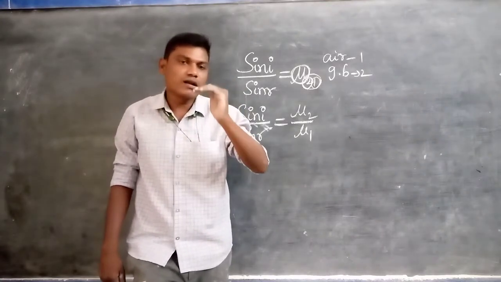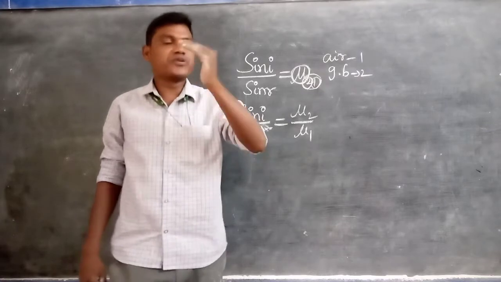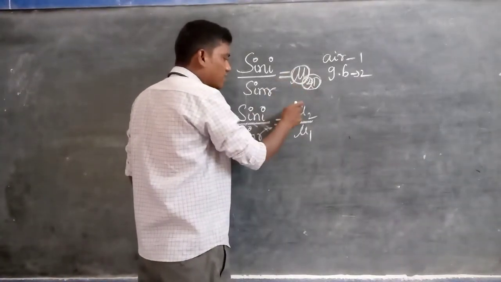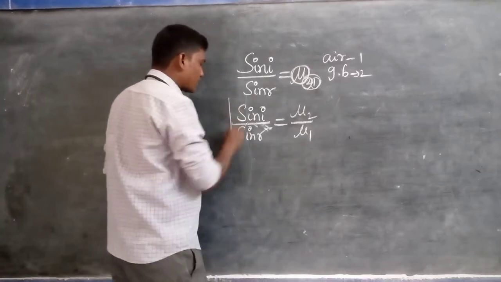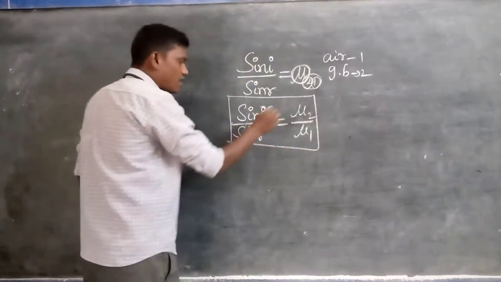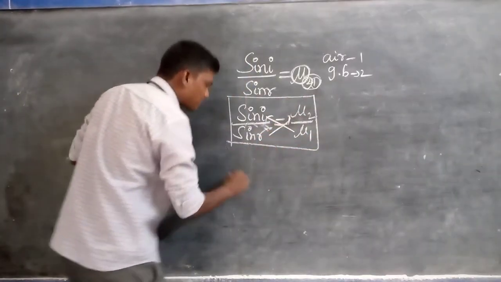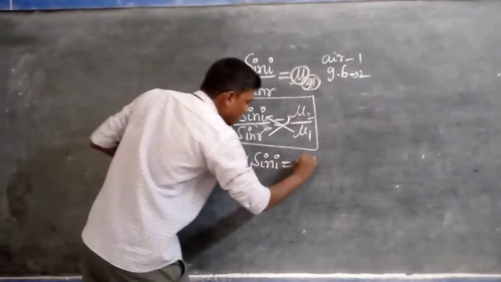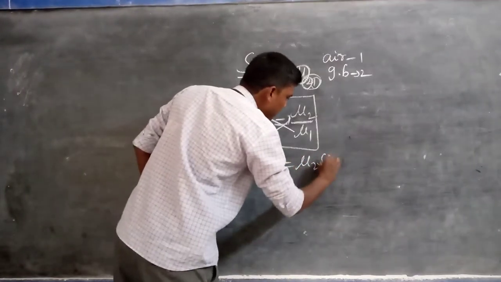That's why we write mu of 2 1 as mu2 upon mu1. Either this one, or after this we can cross multiply: mu1 sin i equals mu2 sin r.